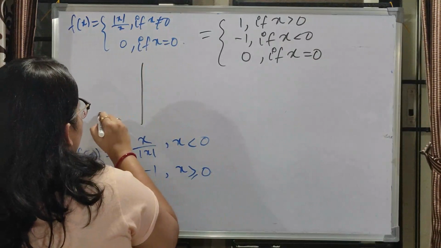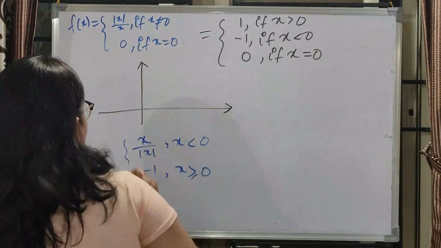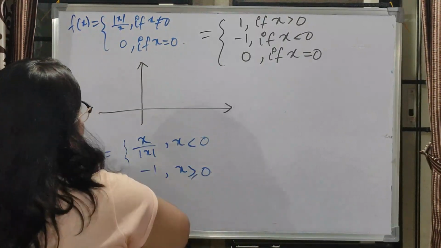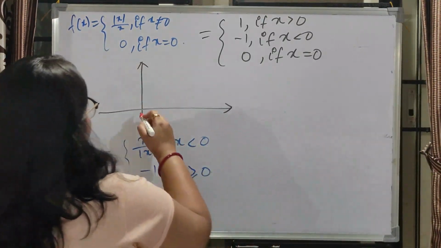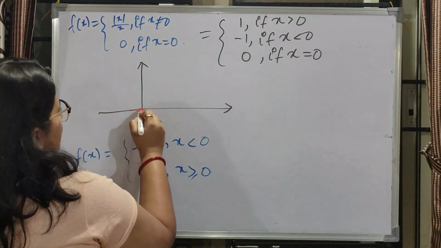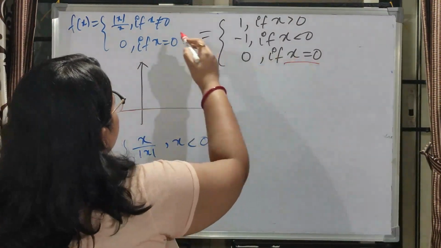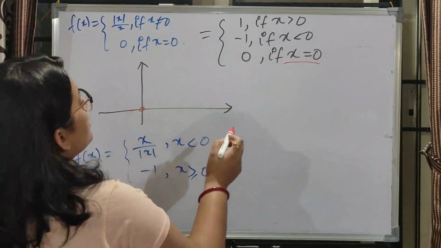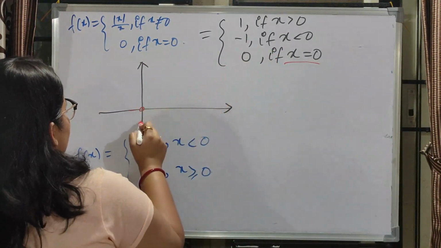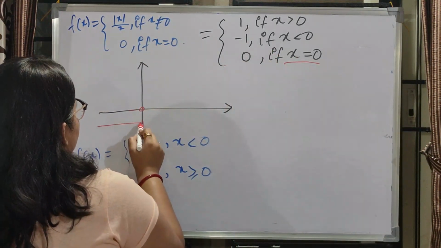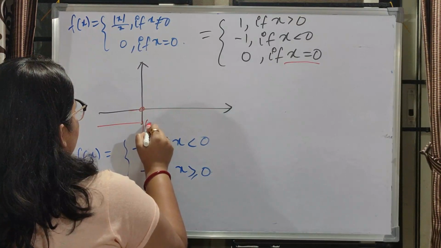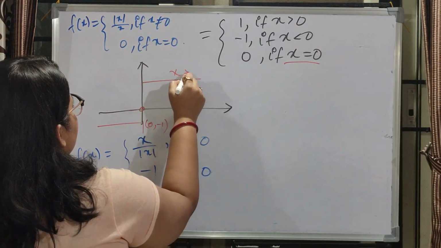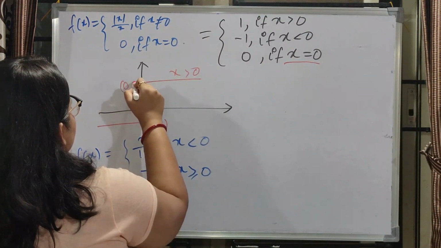So if you see the graph, at x equal to 0 the functional value is 0, so it will be this point. For x less than 0 it will go this side, 0 comma minus 1, and for x greater than 0, it's 0 comma 1.